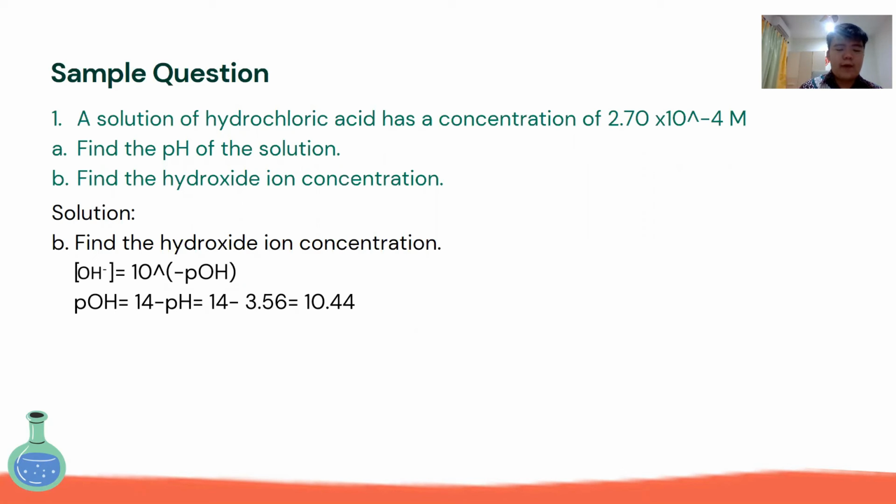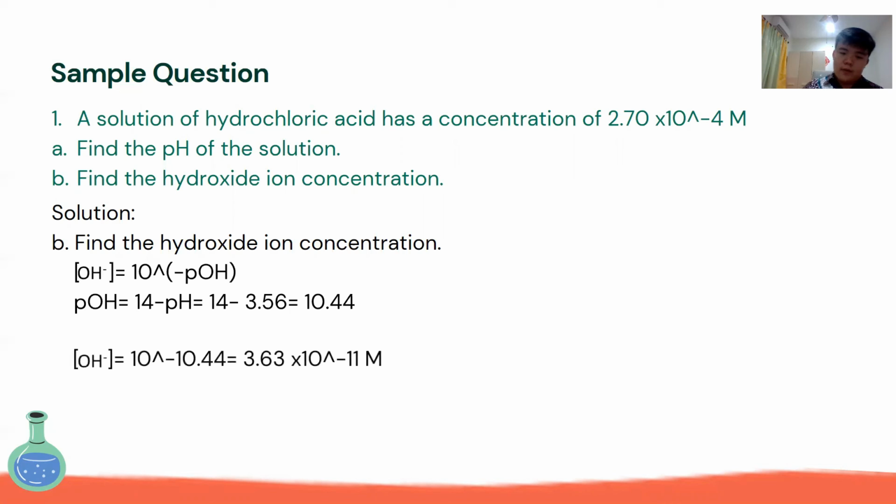We can find pOH from pH plus pOH equals 14. By transposing pH, we get pOH equals 14 minus pH. From part A, we know that the pH is 3.56. So we subtract 3.56 from 14, which is 10.44.